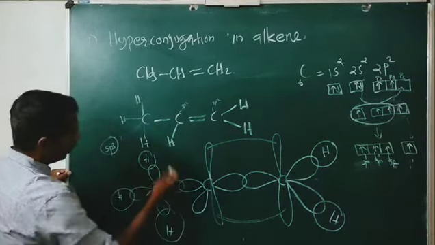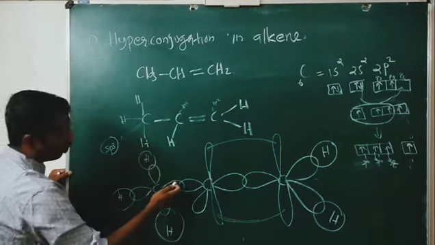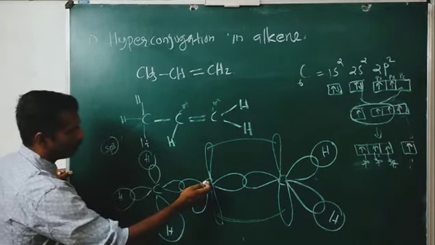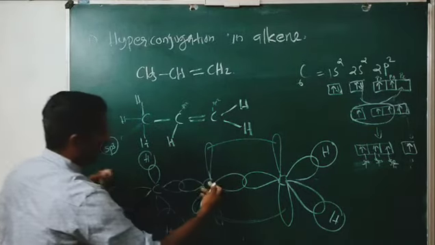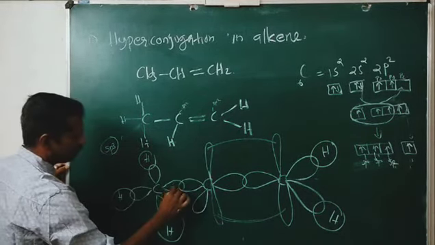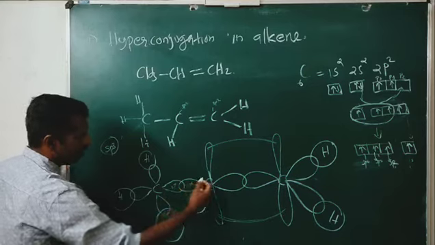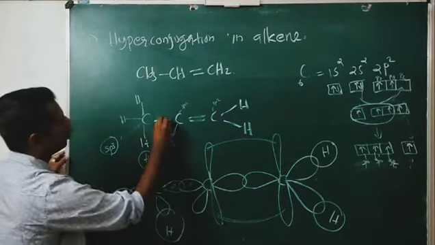Now again, this fourth sp3 hybridized orbital will overlap end to end with an sp2 hybridized orbital. This is sp3 and this is sp2. Again, this is end to end overlapping. You will get this bond.